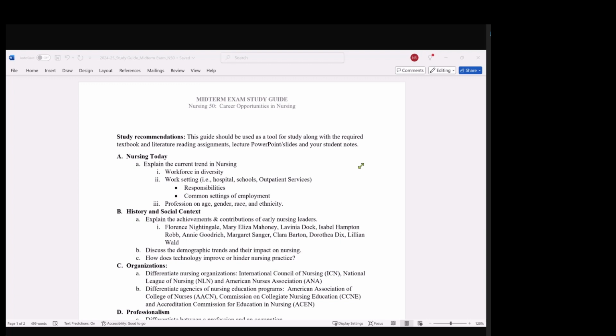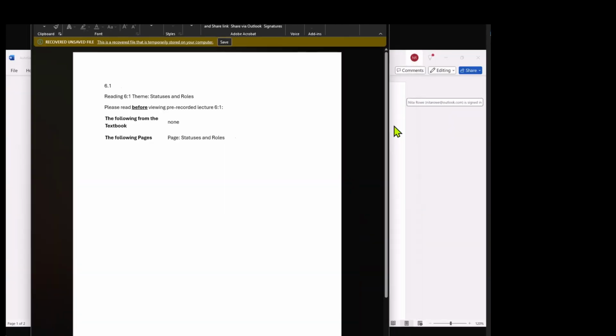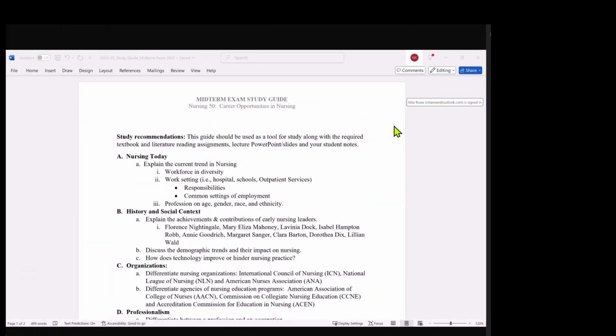So going through this case study, what you need to study for is, again, looking at this, and it's Nursing Today, which is in regards to working diversity and also the different types of work settings that nurses usually are employed at.